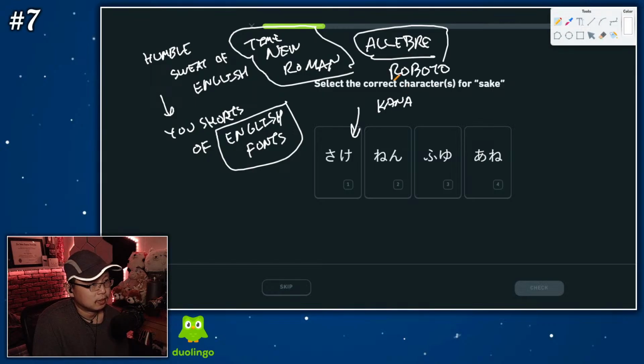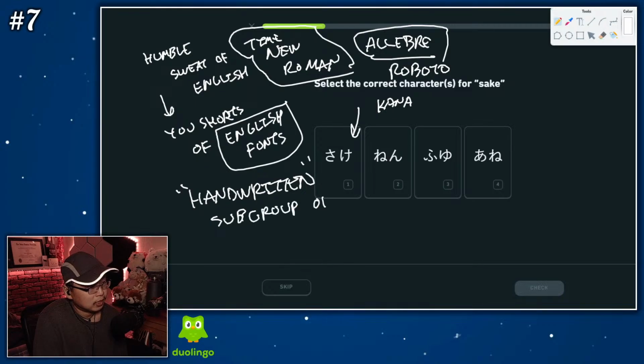So when you think about these, I can't do any of these. My handwriting, there's a thing about English, right? When you look at English, handwritten is a subgroup of English writing. It's not even these things.